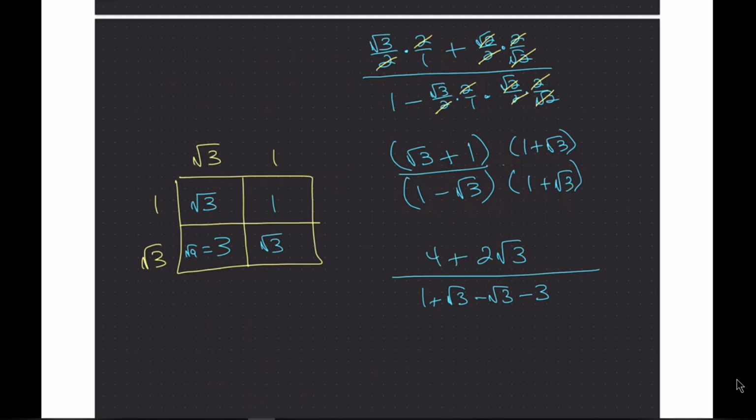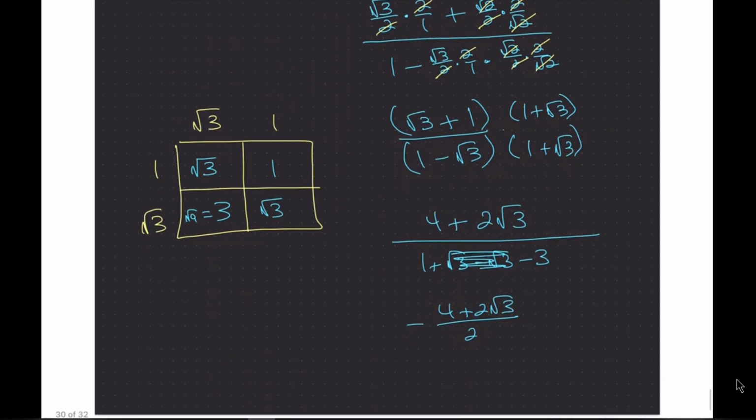So then when I look at my denominator, square root of 3 minus the square root of 3, those guys are going to go away. And then I can simplify that to what? 4 plus 2 times the square root of 3 all over, I'm going to throw the negative out front, negative 2, right? So when it comes to simplifying our fraction, we have a 4, a 2, and a 2, our whole numbers.